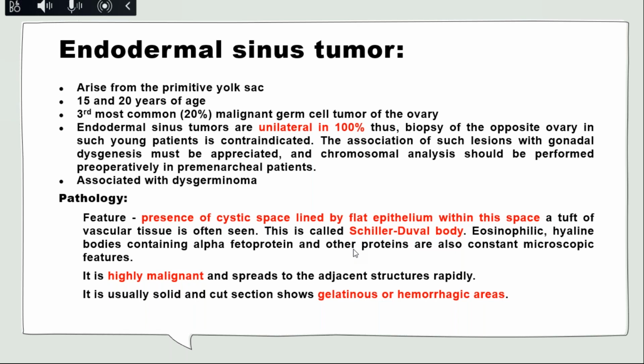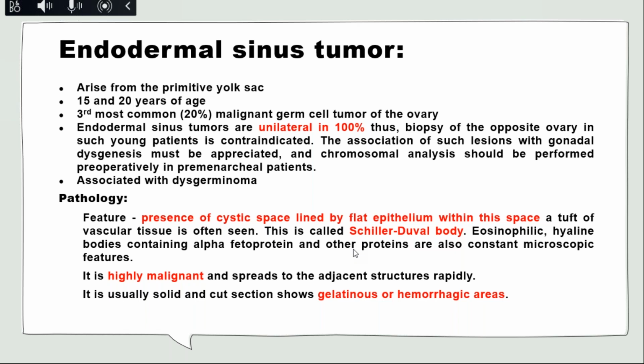They actually explain that a woman of 20 years came to you with an ovarian tumor, and you decided to go for an operation. After the operation you sent the specimen for histopathology, and the pathology shows the presence of cystic spaces lined by flat epithelium, within which a tuft of vascular tissue is often seen.